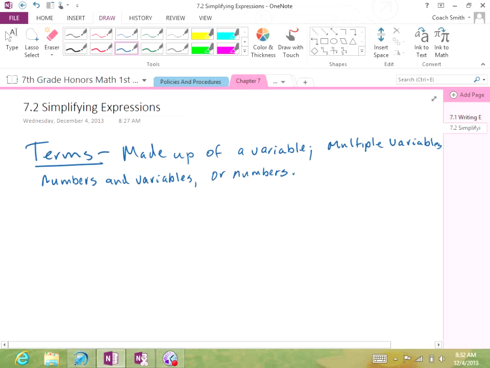Okay, let me give you some examples of what terms can look like.